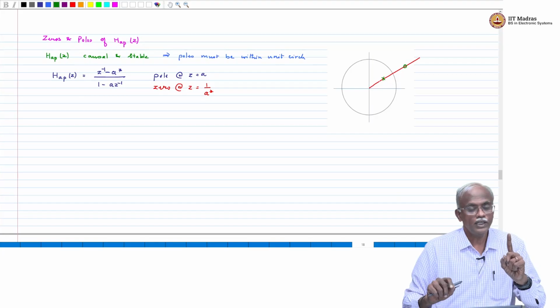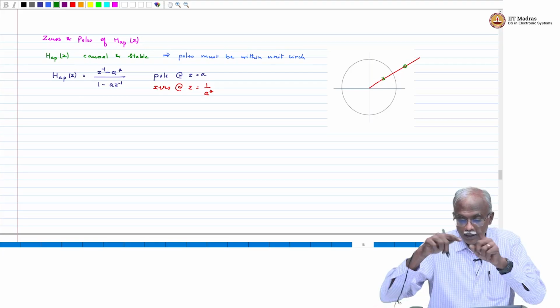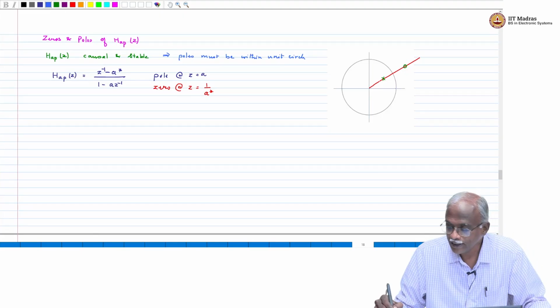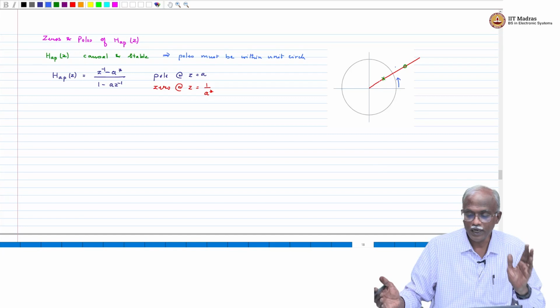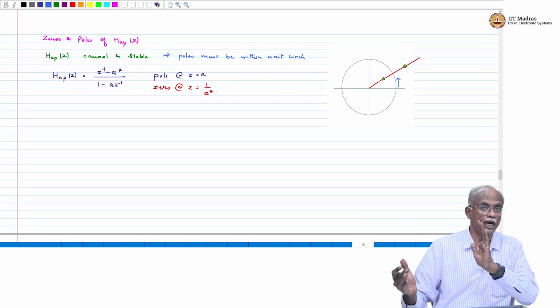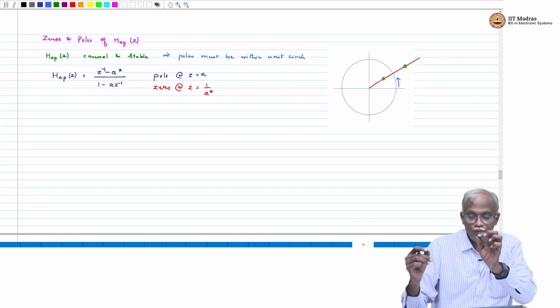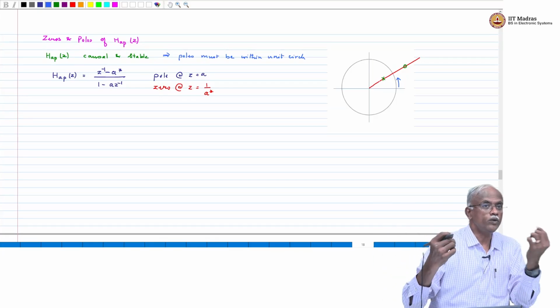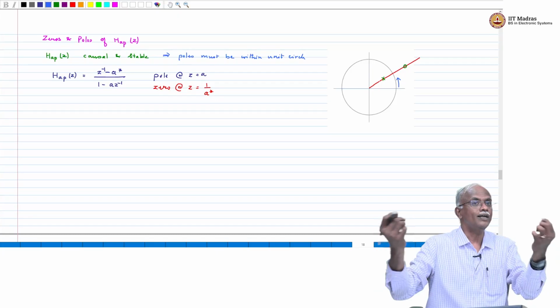Second thing to note is that the behavior of the all-pass function, as I start at the origin and as I go around the unit circle, remember I want to get the magnitude response, I traverse. At every point on the unit circle, the effect of the 0 and the effect of the pole are identical.